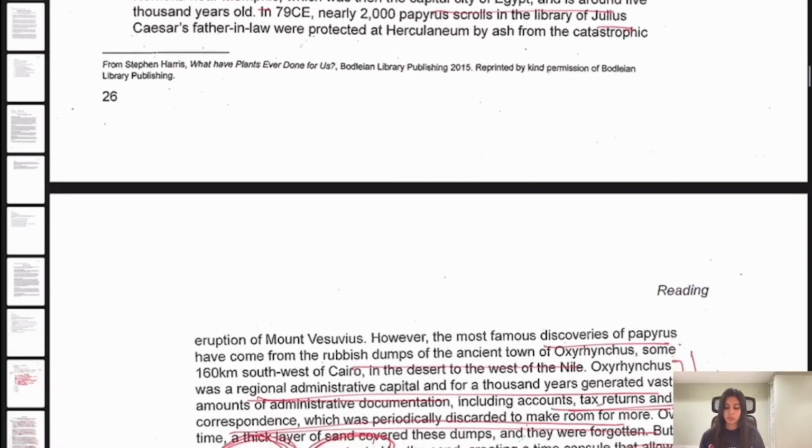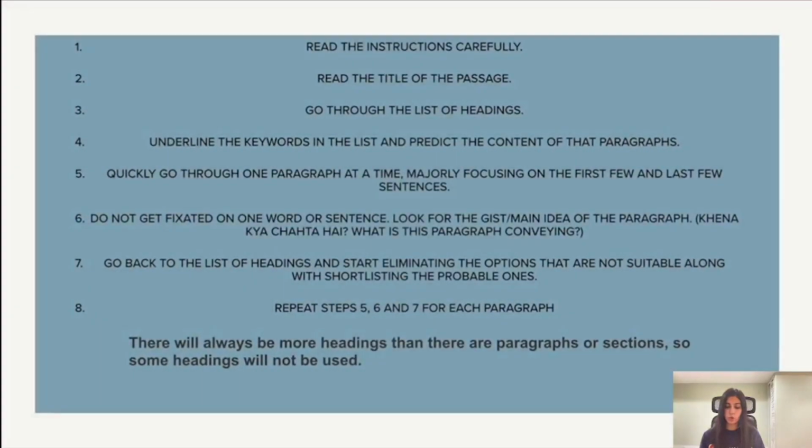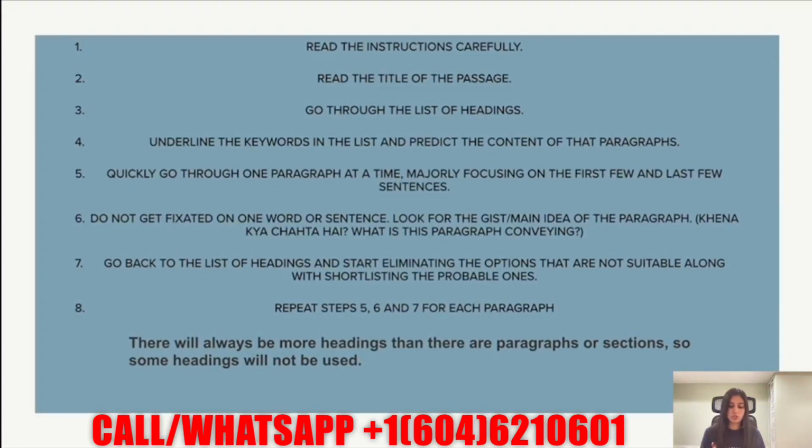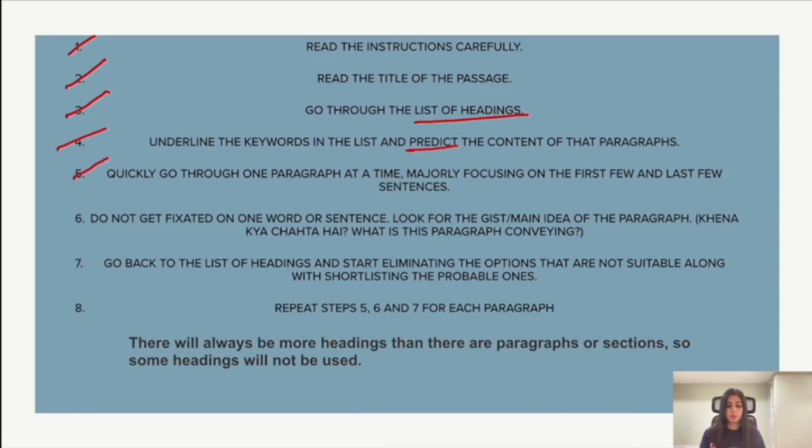I'll just show you the instructions once again, and I hope now you can see that we have followed all of these. We read the instructions carefully, then we read the title, we also went through all the list of headings, we underlined the keywords in the list and predicted the content quickly. We went through the paragraphs, majorly reading the first few and last few lines. And since I was doing it on my own, I prefer going through the middle part as well, just to quickly skim and scan.